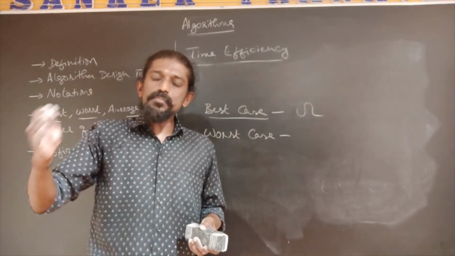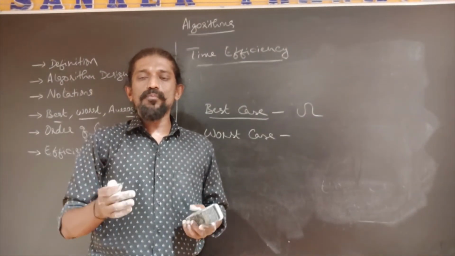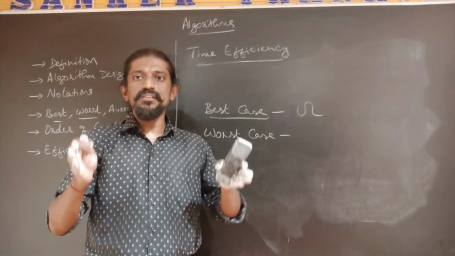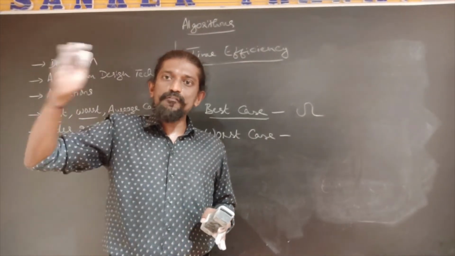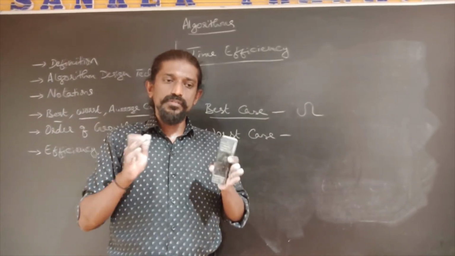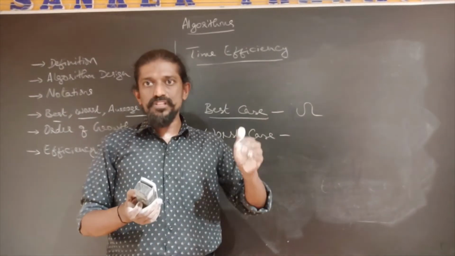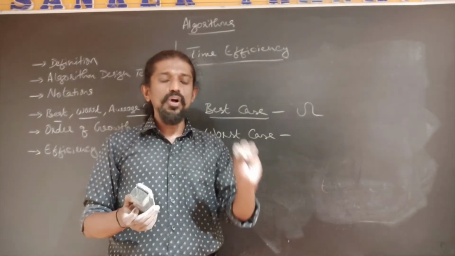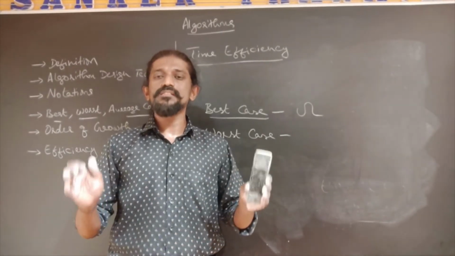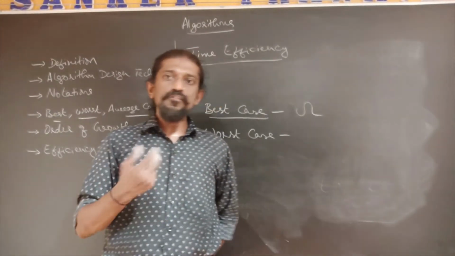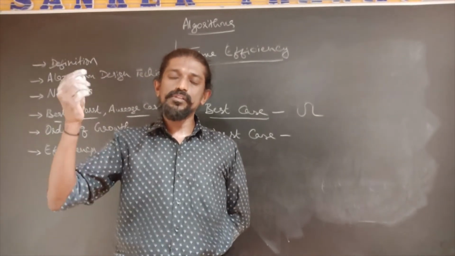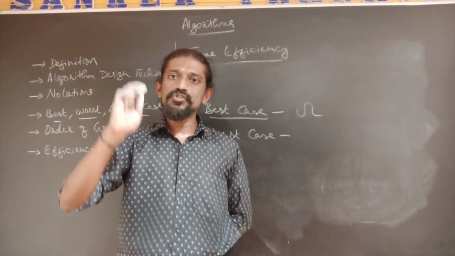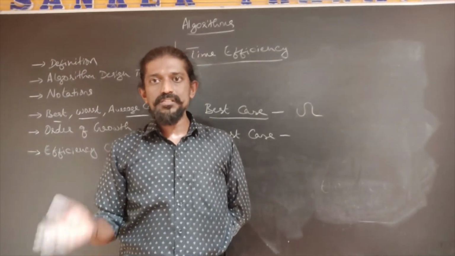Okay, so worst case is what is the maximum time the algorithm will take to give output for a given problem of size n. Put in other words, what is the maximum effort I have to put in to solve this problem, more than which is not required. For example, in the linear search algorithm, the worst case occurs when the key element is not present or is present in the last position of the list.